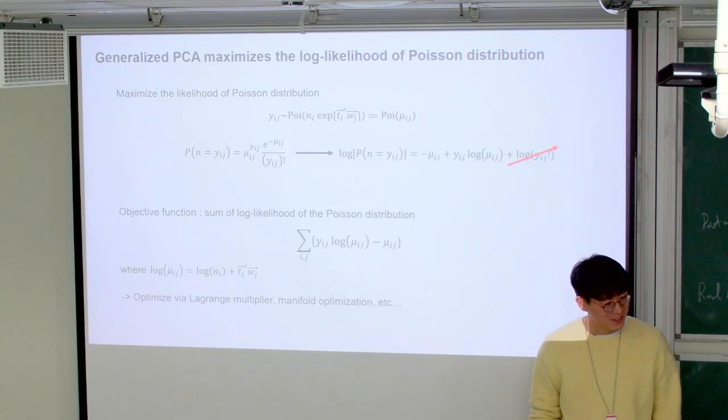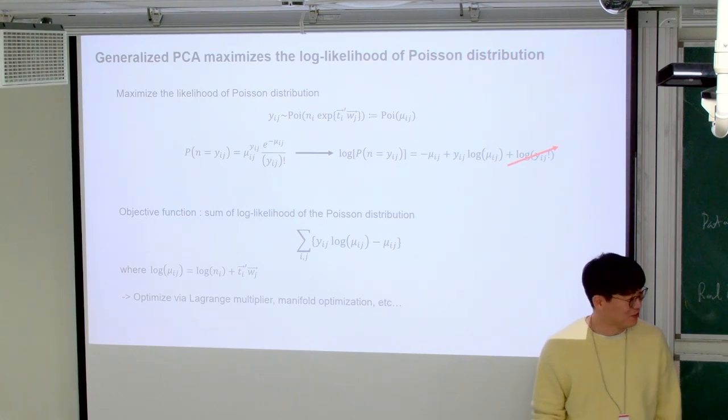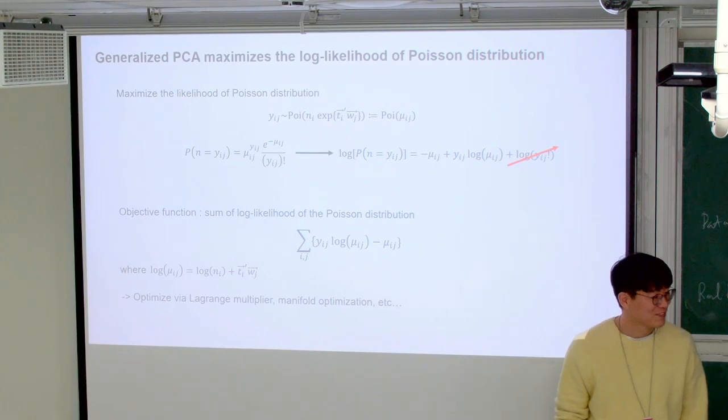Accidentally, singular value decomposition maximizes the normal distribution likelihood or variance.